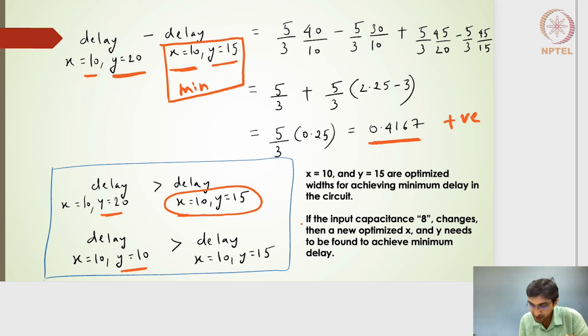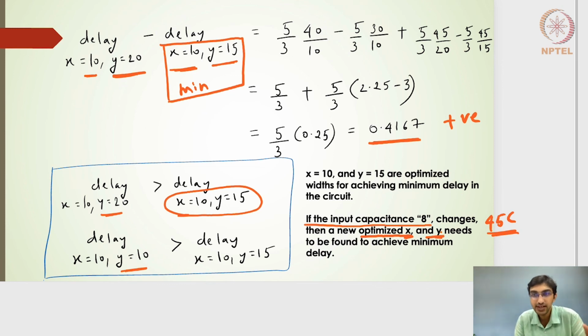There's a small note here saying that if the input gate of 8 changes or the load of 45C changes, then I have to reevaluate the optimum x and y value.